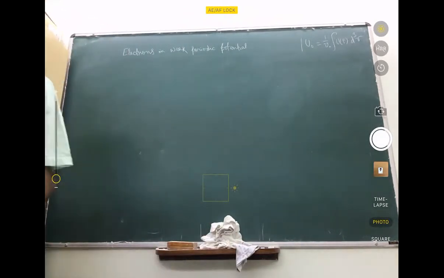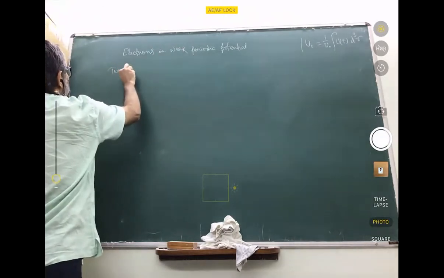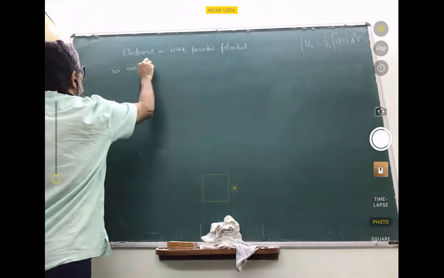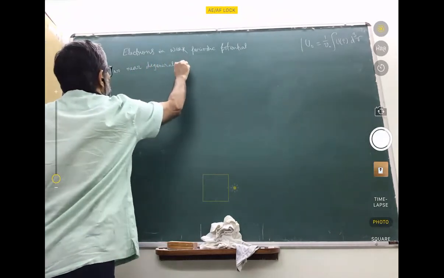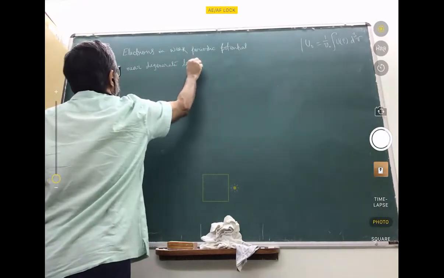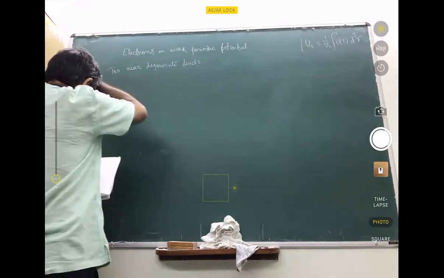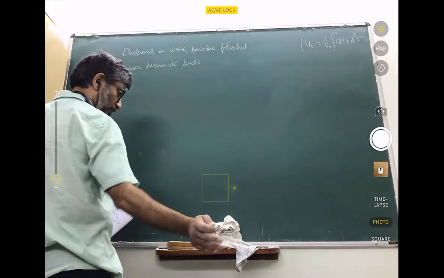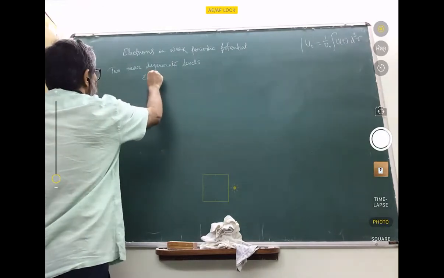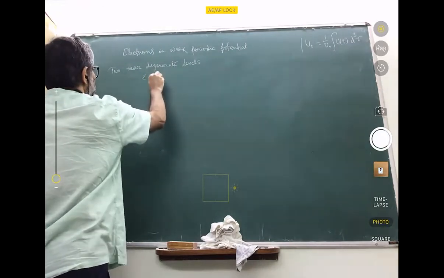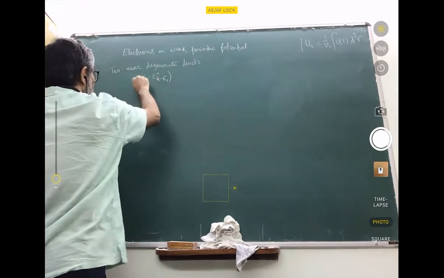So as I said, suppose we consider the case of two near degenerate levels, and then I explicitly write the equations for these two. The last equation that I wrote just now, I'm writing these equations explicitly for the two G's, G1 and G2.